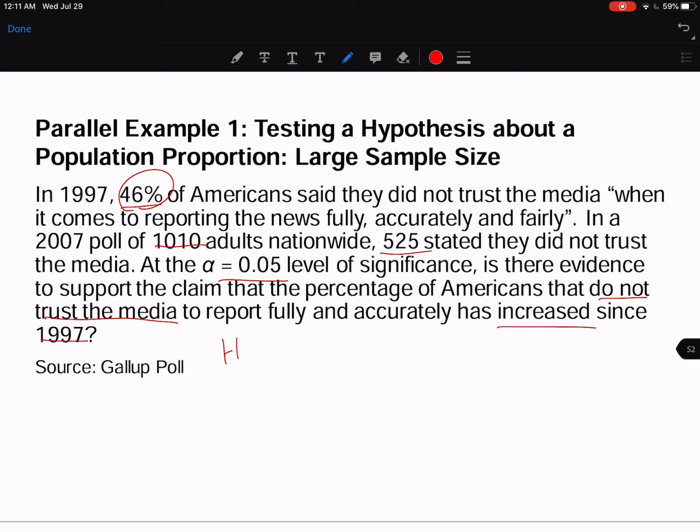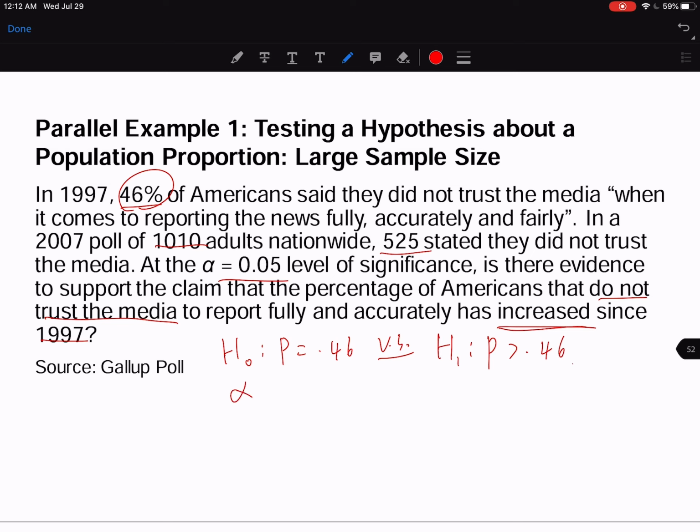So in this case, the null hypothesis would be p is equal to 0.46 versus the alternative. Now, what kind of test are we doing? Since we're testing if it has increased or not, it would be a right tail test. So p would be greater than 0.46. Okay, that's step 1.